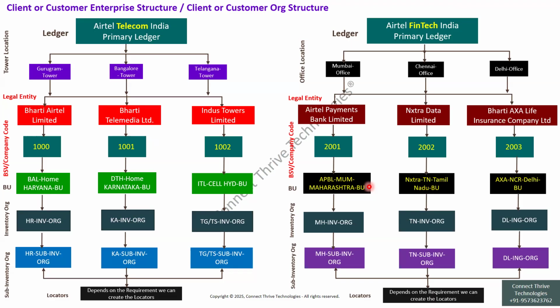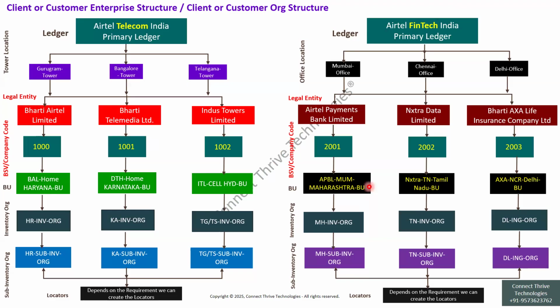We cannot say we should use only a single primary ledger, or only one legal entity, or multiple BUs, multiple legal entities. No, it completely depends on the customer requirement that we should understand. So don't memorize any architecture or any customer enterprise structure. This architecture completely depends on how the business is operating in that respective country, state, or location. Accordingly, we can design it in real time.